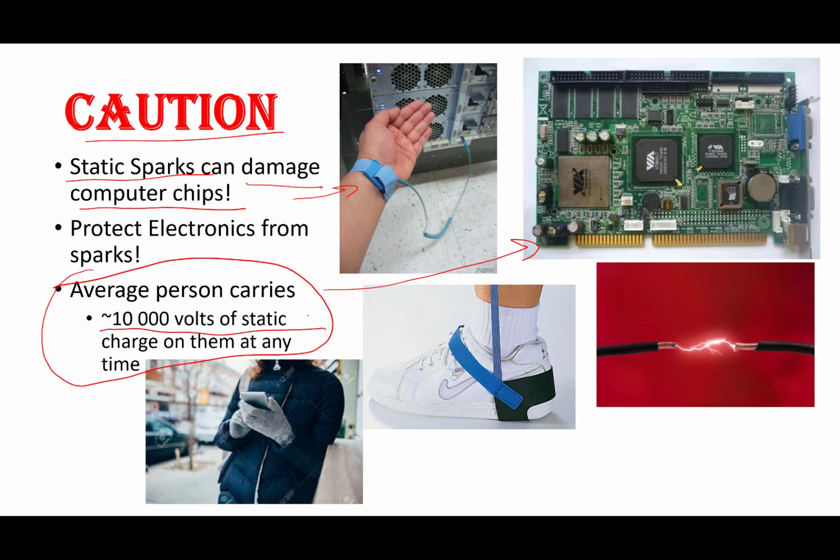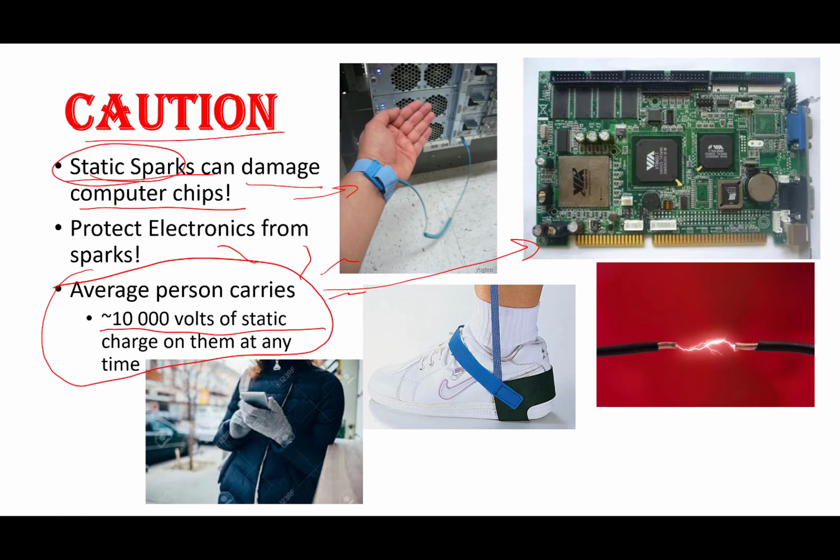You may have seen this if it's dark and you pull a sweater over your head, or something as simple as a t-shirt. You may have seen little static sparks in the dark, and that is just due to the static electric charge that you have accumulated on your body.